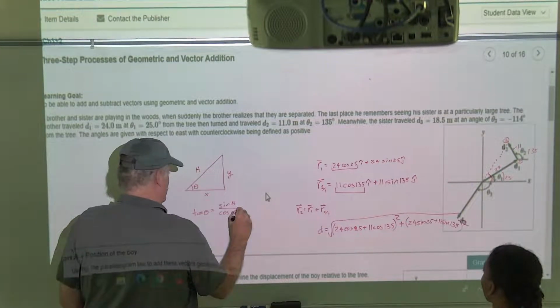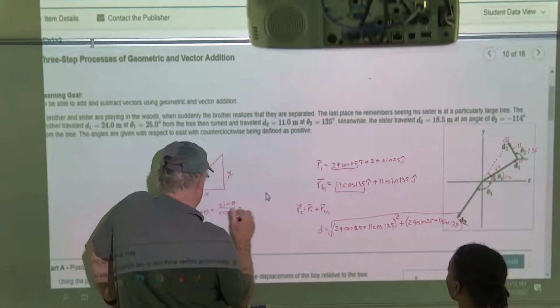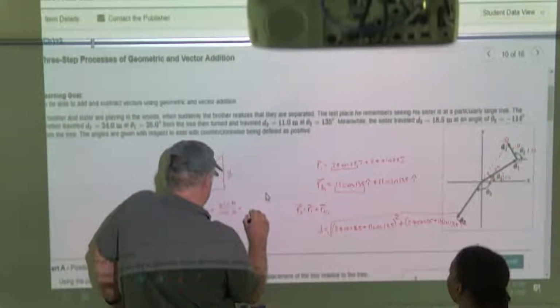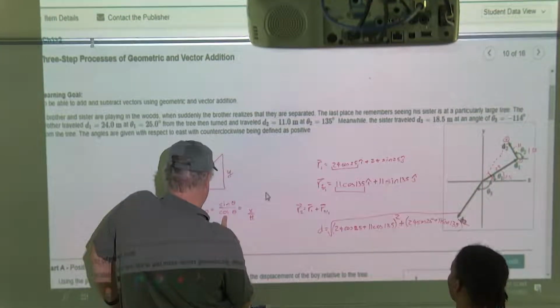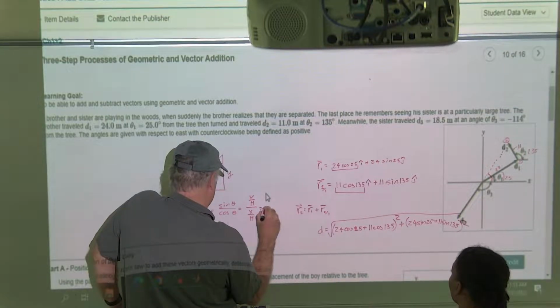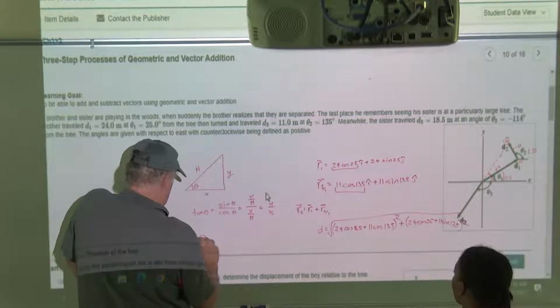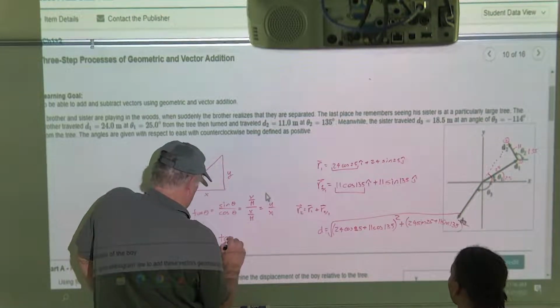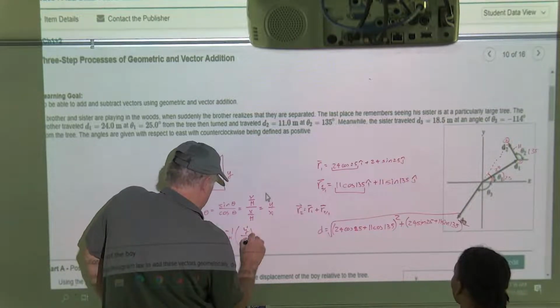Cosine is the x over the hypotenuse, and sine is the y over the hypotenuse, so you get y over x. So if you want to know the angle, take the inverse of the y over the x.